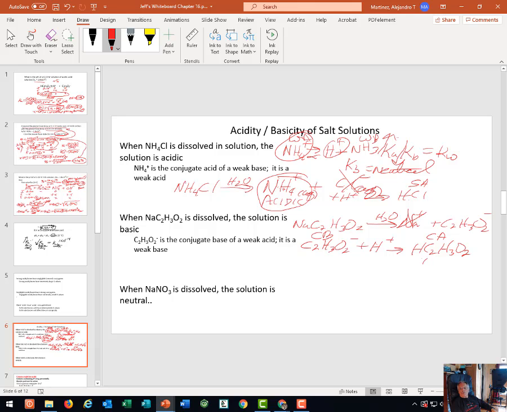This is a weak acid, and acetate, as it turns out, is also a weak base. This is one of the things that you're going to notice. Look at the Ka times Kb relationship. Okay? The stronger the acid, the weaker the base.